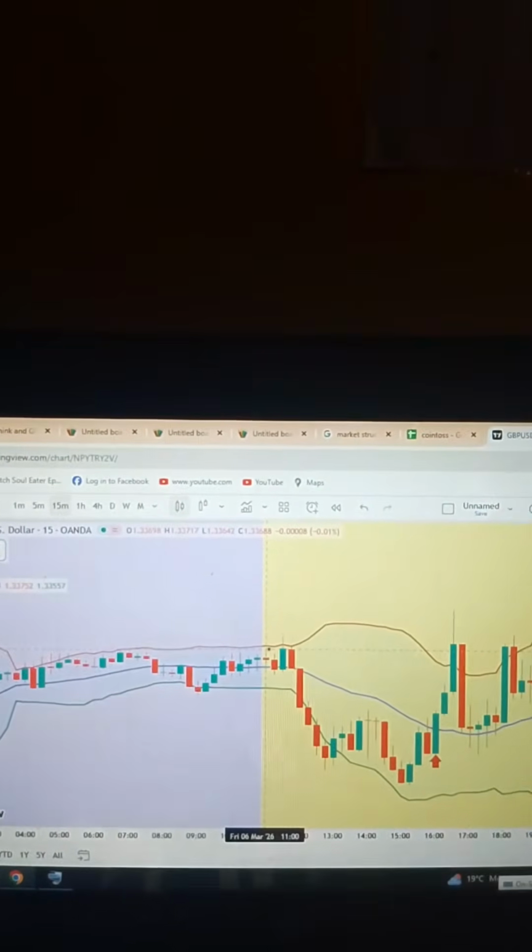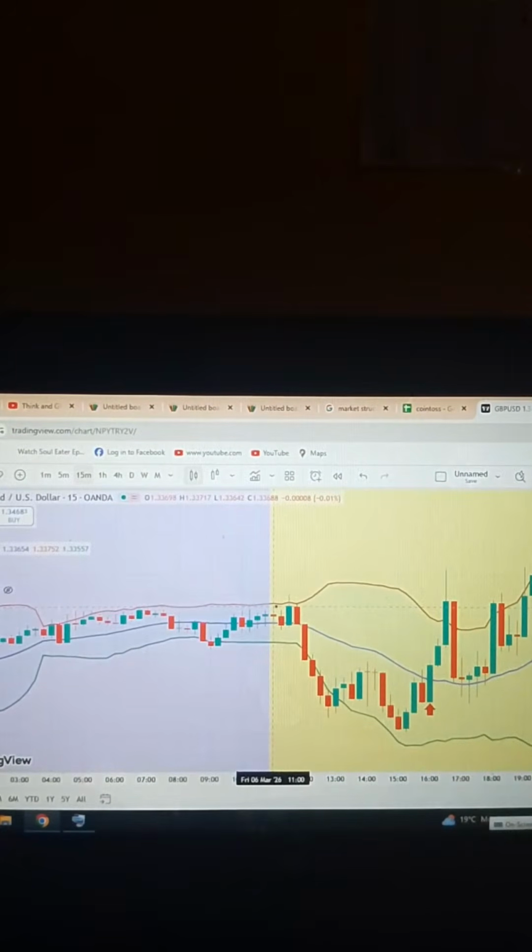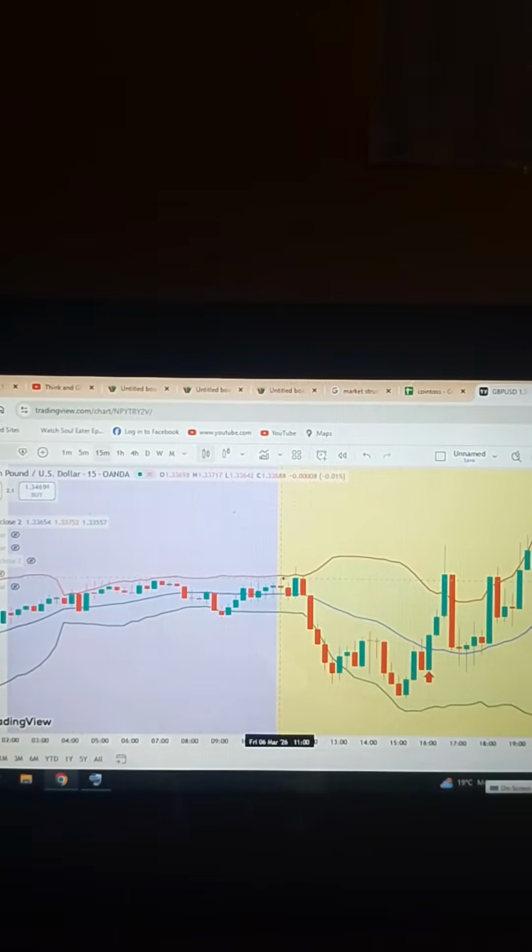see what happened. Guys, I am trading only the yellow part. Are you together, guys? The blue part here is the Asian market.